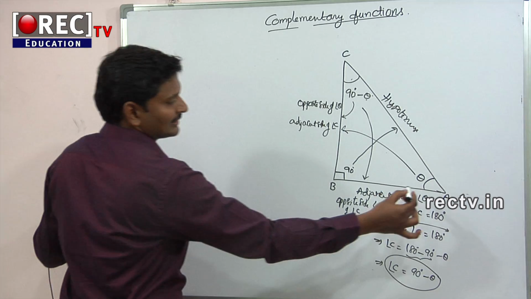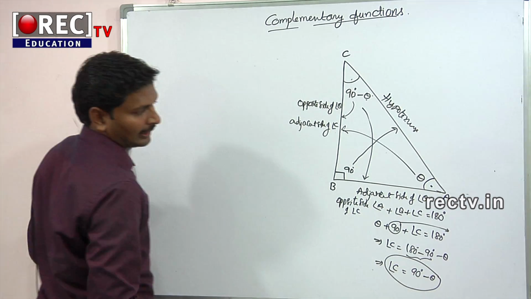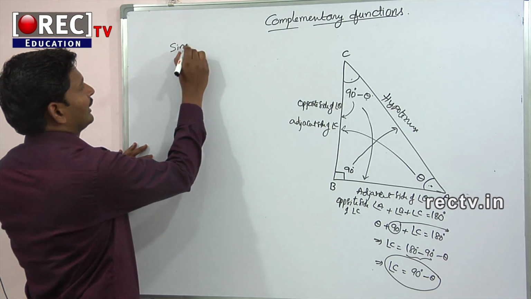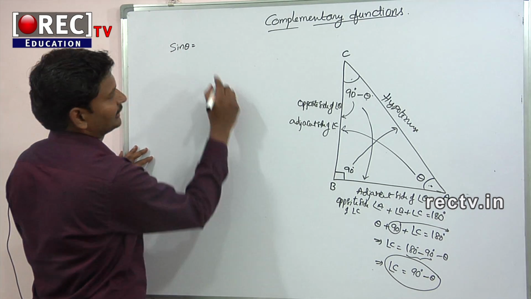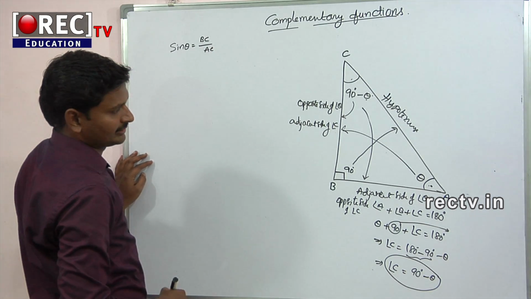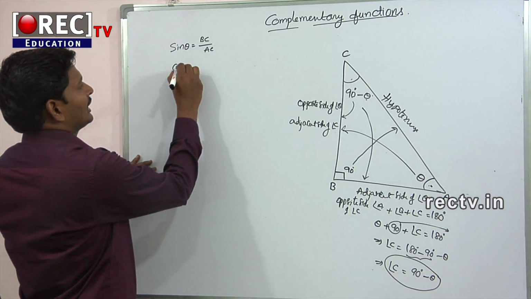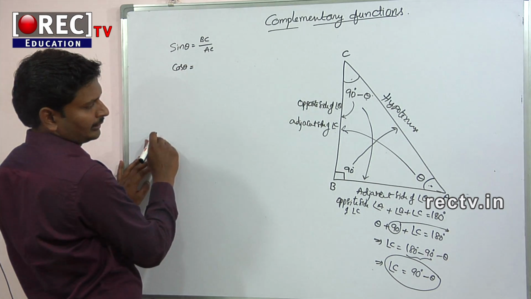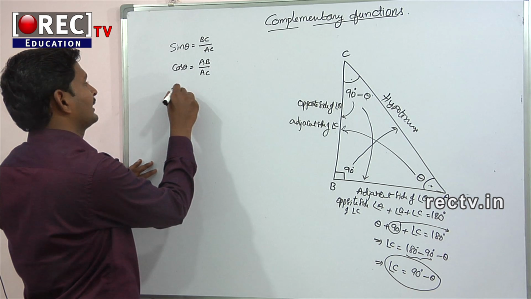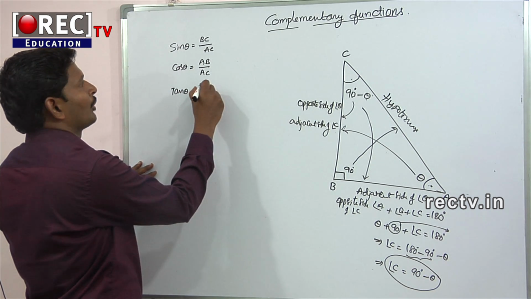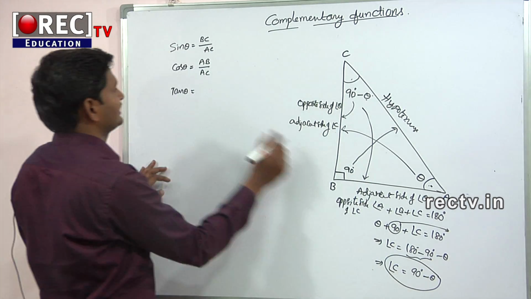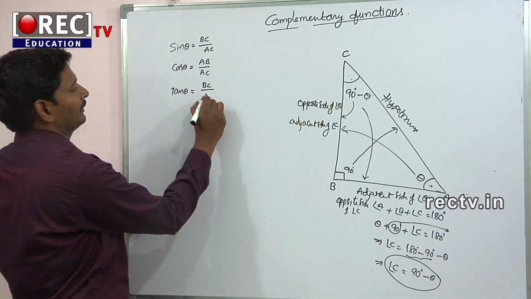Now if you consider the 90 degrees at B, sin theta is equal to the opposite side BC divided by AC, and cos theta is equal to the adjacent side AB divided by AC. Tan theta is equal to the opposite side divided by the adjacent side, BC divided by AB.